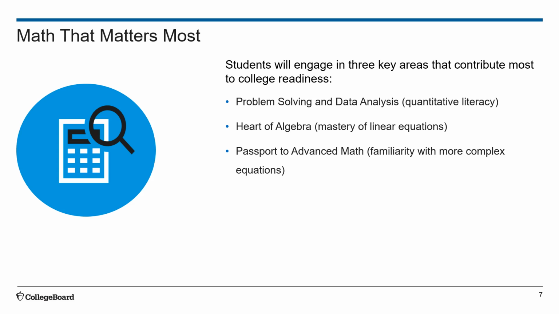The heart of algebra focuses on the mastery of linear equations and systems, which helps students develop key powers of abstraction. Passport to Advanced Math focuses on the students' familiarity with more complex equations and the manipulation they require.